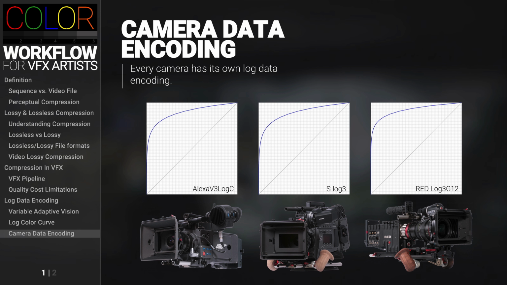And just to give you a little bit of context, every digital cinema camera manufacturer has their own flavor of a logarithmic color curve used for recording. There's a lot more to discuss about logarithmic color curves that we will cover later in the data encoding slide presentation. But for now, you understand that data encoding is a perceptual data compression of the image.